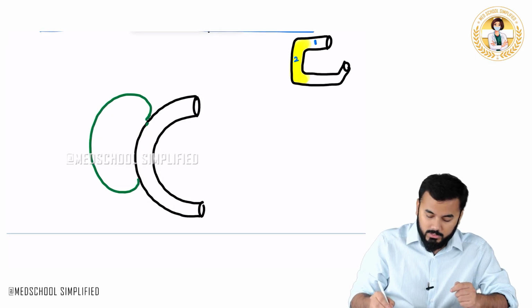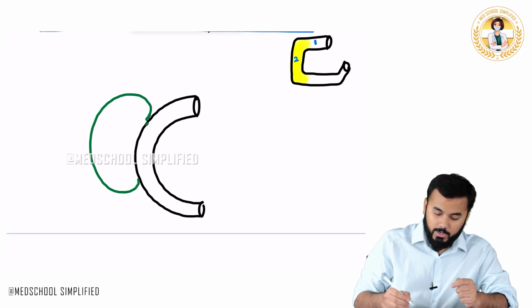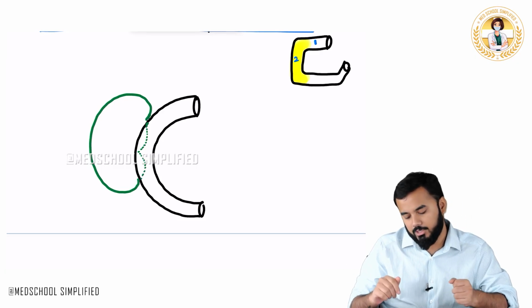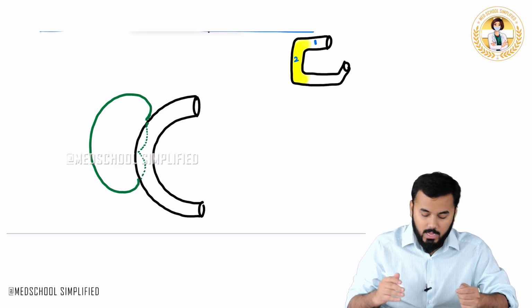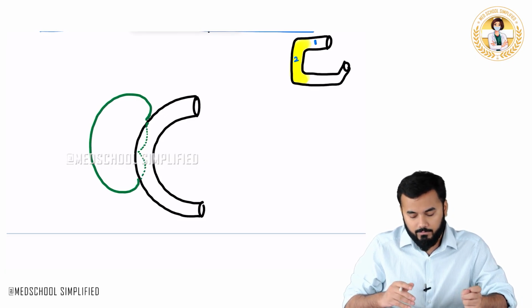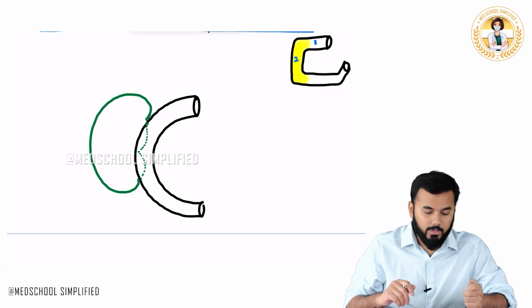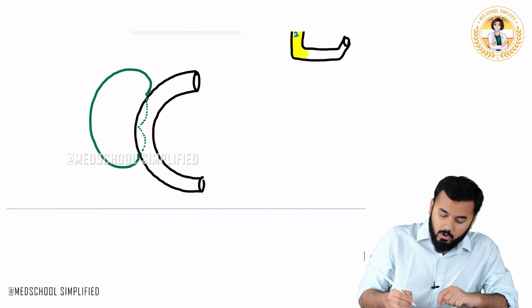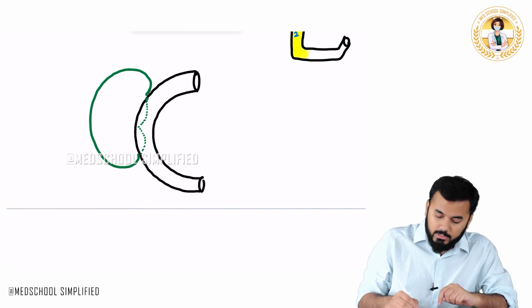Okay, so this bean shaped organ that is located on the back of this is called your kidney. Which kidney is this, right or left? Obviously this will be your right kidney. Now, the next important thing, first of all let me draw the pictures and then I'll explain you.